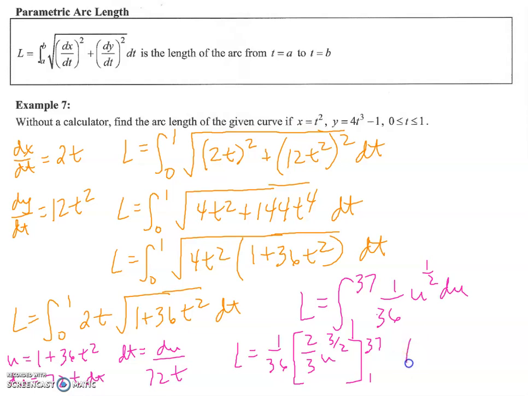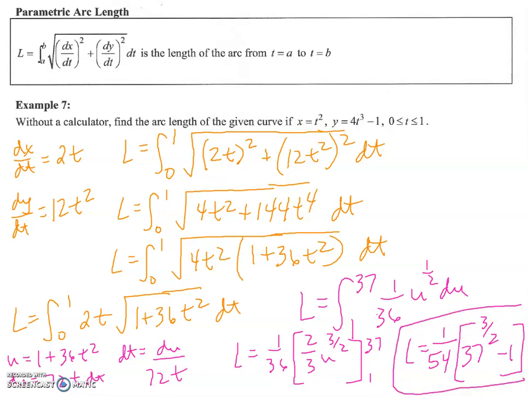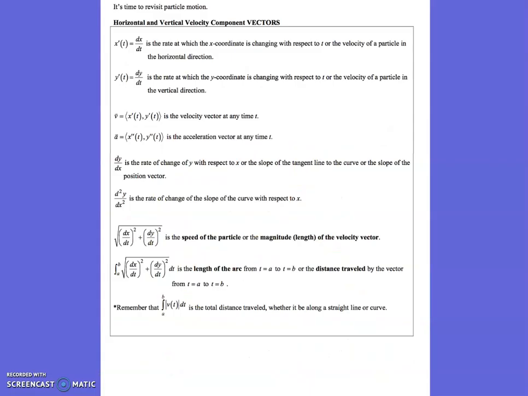And so we get an L value of 1 over 54, by simplifying those fractions. Now 37 to the 3/2 cannot be simplified, so I'm just going to leave it like this. Alright, so that is an arc length.